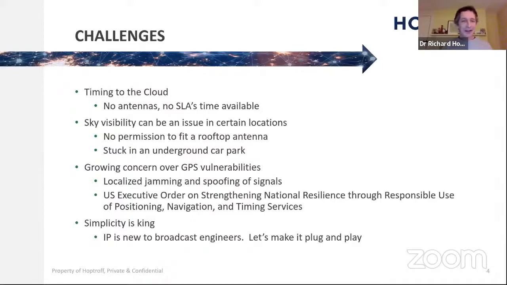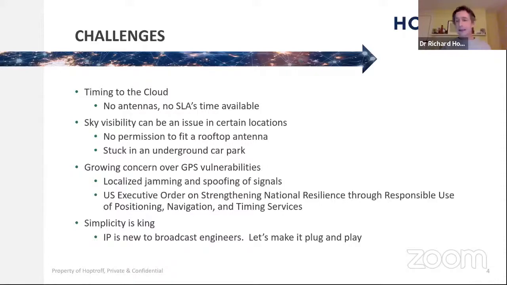And so you'll find that, for example, early last year, our ex-President Trump passed an executive order which actually said that all critical infrastructure should have some other alternative to satellite distribution for position, navigation, and timing. So that threat has been recognized.